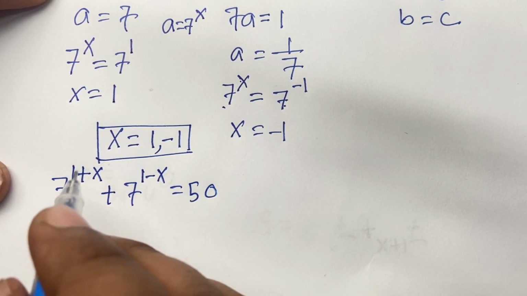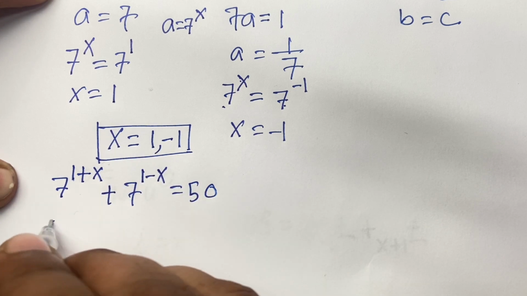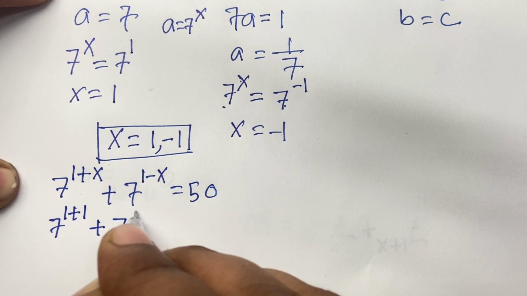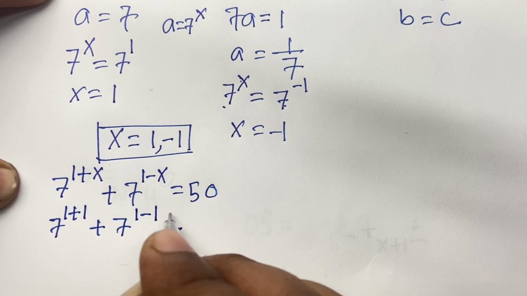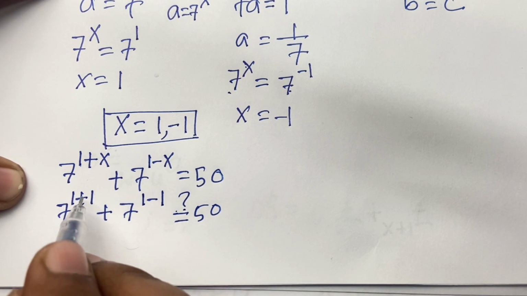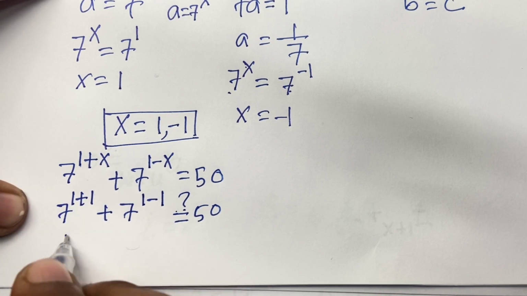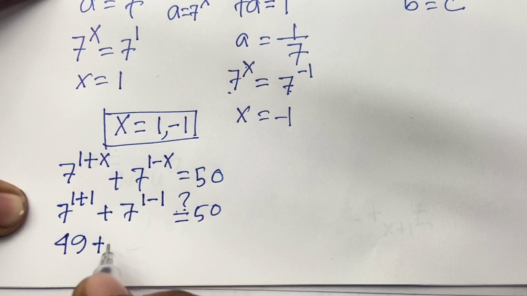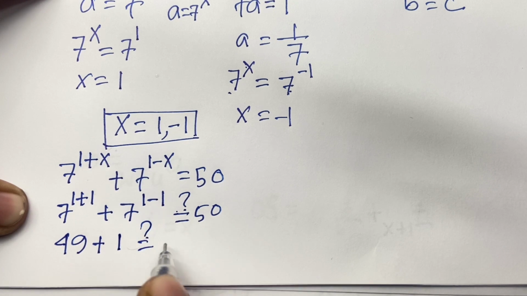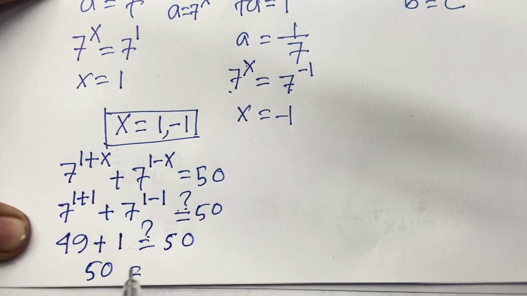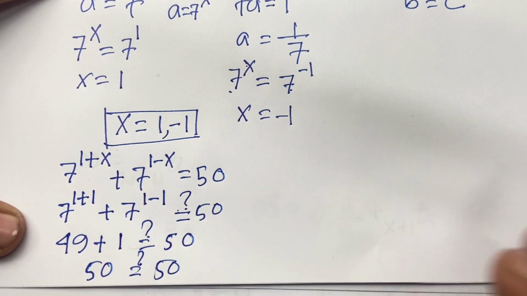Now 1 plus 1 equals 2, so 7^2 equals 49, plus 7^0. We know that 7^0 equals 1, so 49 plus 1 equals 50. Now 50 equals 50. I can see easily that x equals 1 is our right answer.